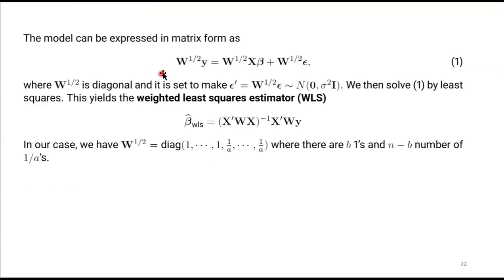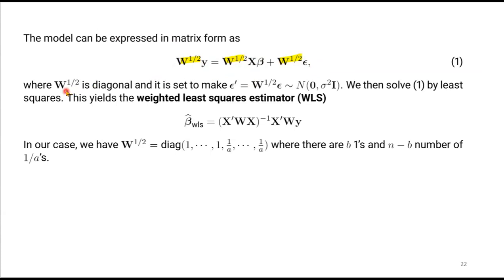All right, so here is the matrix form, as I said. We find some matrix, let's call it the square root of W, and apply it to the left and right hand side of Y equals X beta plus error term. Imagine removing this first; that is your usual regression, Y equals X beta plus error term. Then I'm just pre-multiplying left and right hand side of the equation by this matrix.